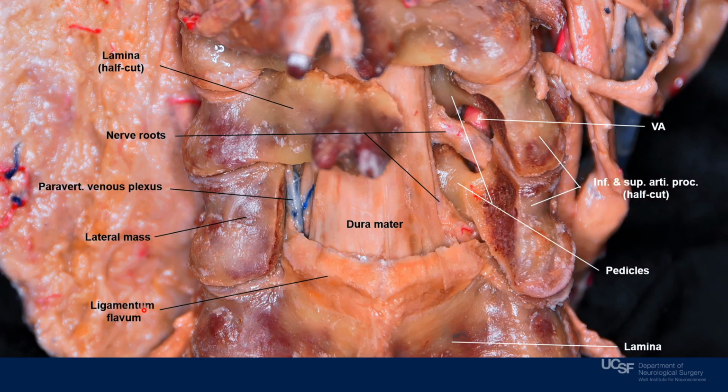We see the ligamentum flavum, which again is attached to the superior edge of the inferior lamina, and is going to be attached to the inner portion of the inferior edge of the superior lamina.